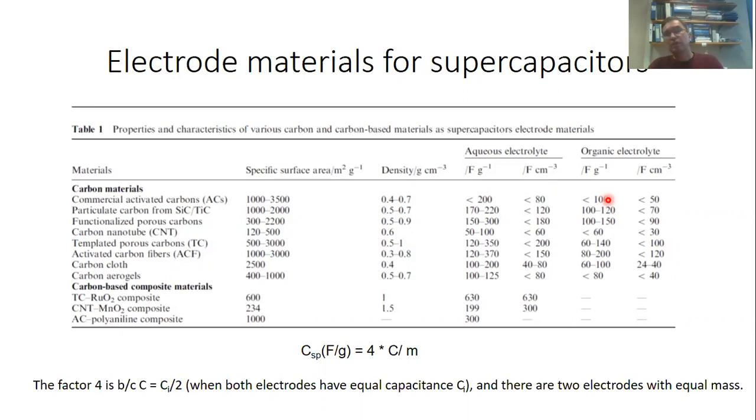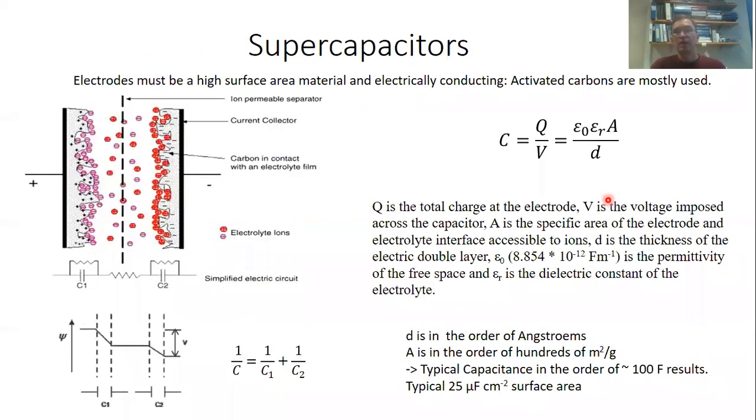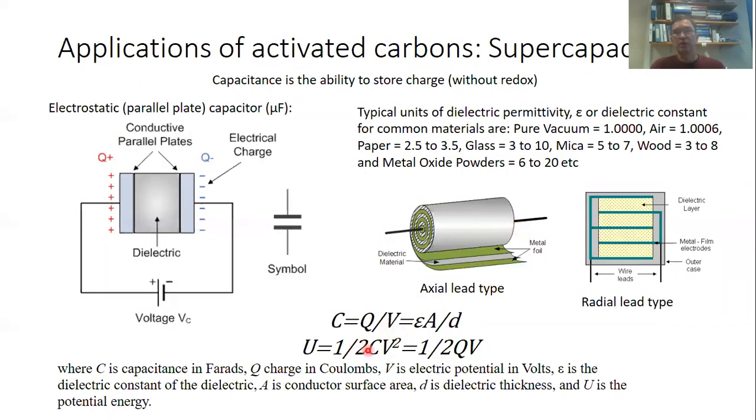store more energy in a supercapacitor with an organic electrolyte, because the energy, as we saw previously, is given by the formula: energy is a half CV squared. So because of that square behind the V, the voltage that you can apply is really significant.